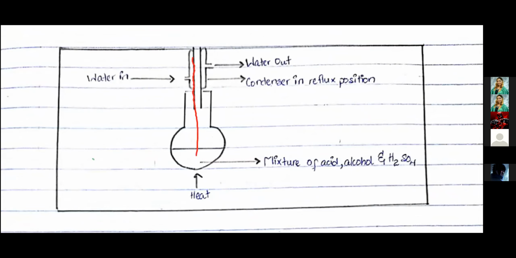The condenser is in reflux position so that when the oil is formed here, it goes back down into the round bottom flask so that the oily liquid will settle on top of the water. Then you pour out your water and your oily mixture into your separating funnel, you separate it out. And that's the preparation of esters simplified, right?